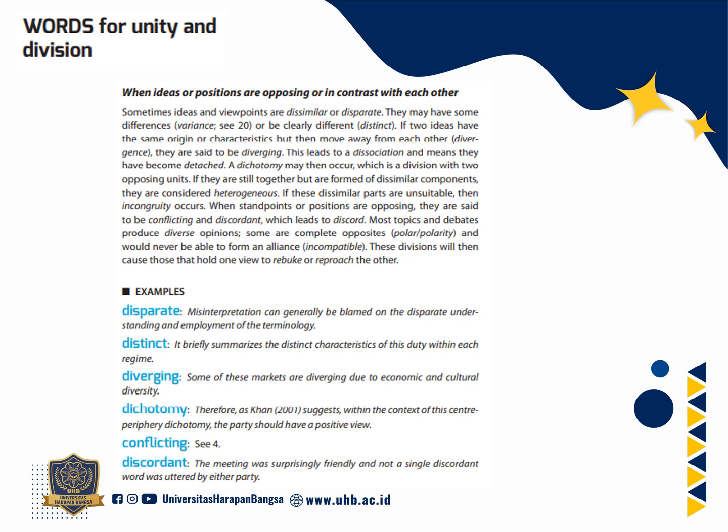Dichotomy may then occur, which is a division into two opposing units. If they are still together but are formed of dissimilar components, they are considered heterogeneous. If these parts are unsuitable, then incongruity occurs. Here's an example: disparate, distinct, diverging, dichotomy, conflicting, discordant.